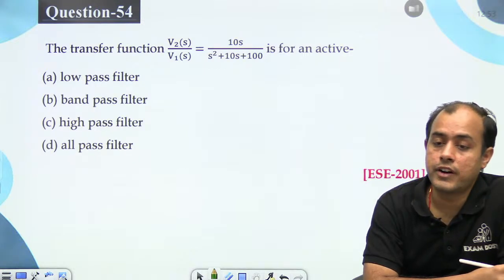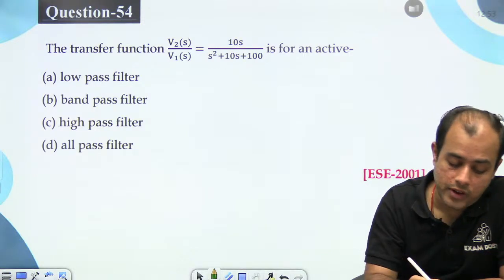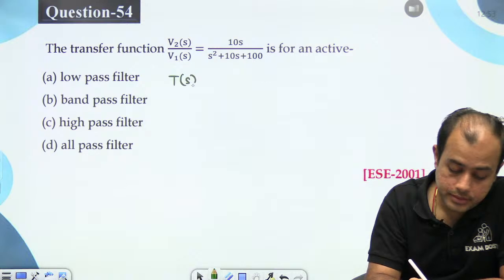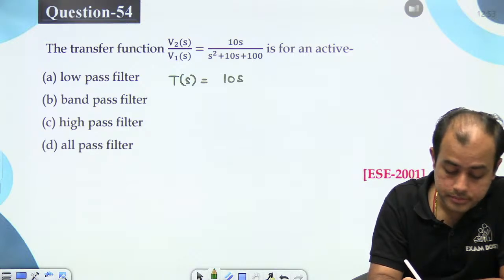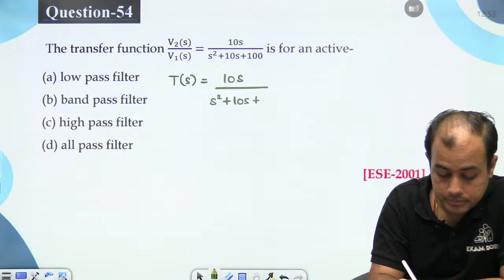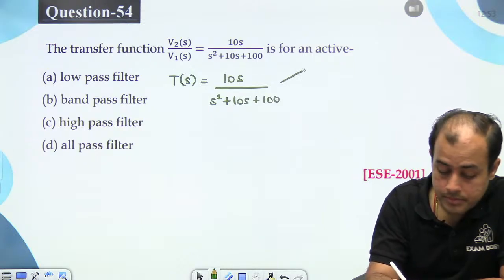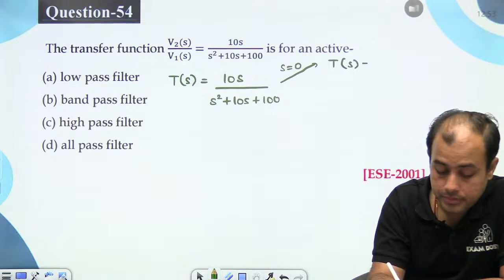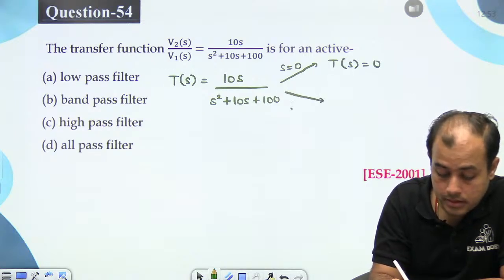Now, what kind of a filter is this? How to find the filter? Put S equal to 0. S tending to infinity.